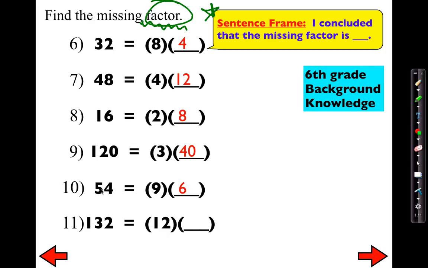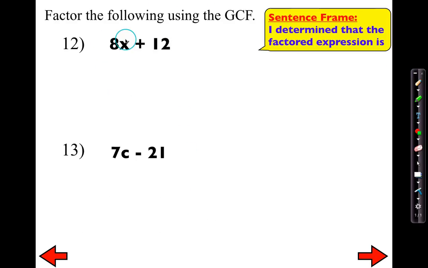Number 11, 12 and what gives me a product of 132? I'm going to go with 11. So I concluded that the missing factor is 11. The key thing to remember is factors are the numbers that are being multiplied to give you the product.